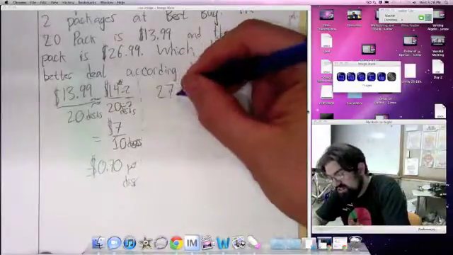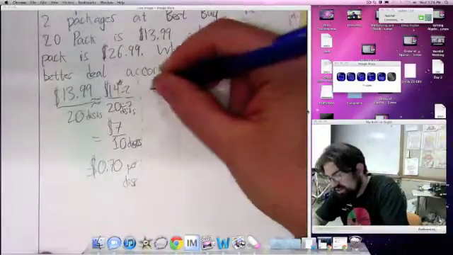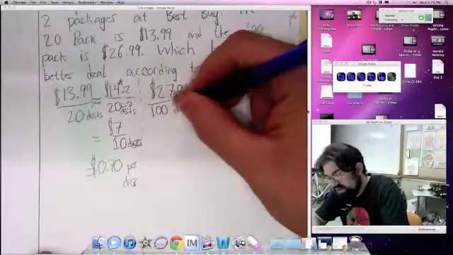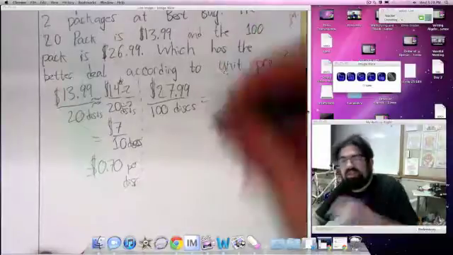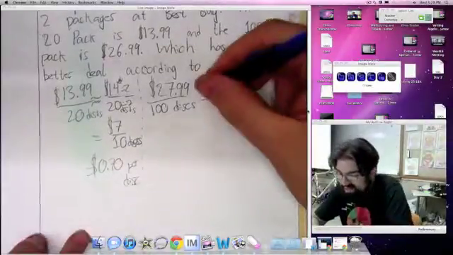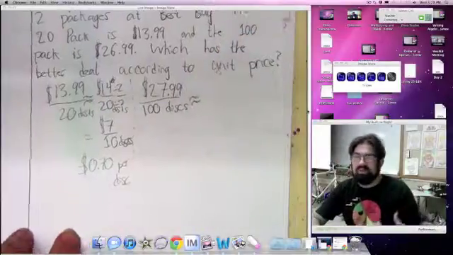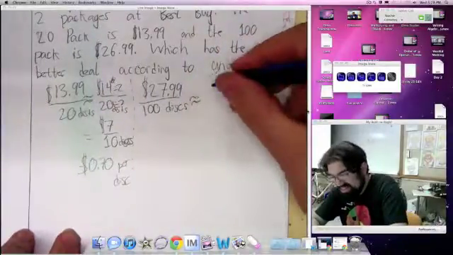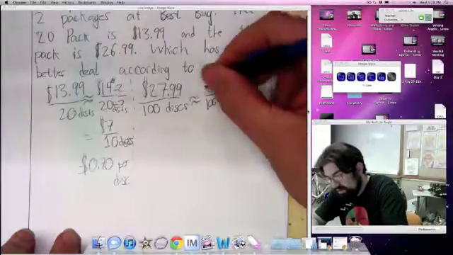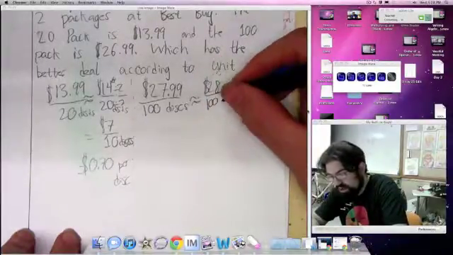It's $26.99 for 100 discs. And yes, I was spelling disc with a K. Don't, it's a C. I'm going to round up to 28 over 100, so it's about $28 for 100 discs.